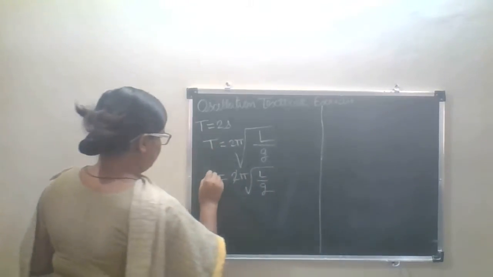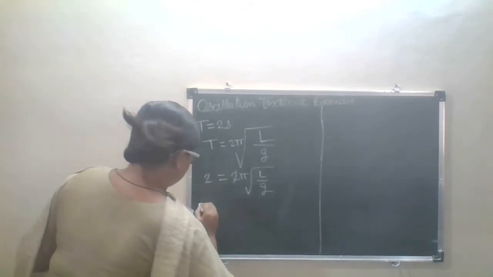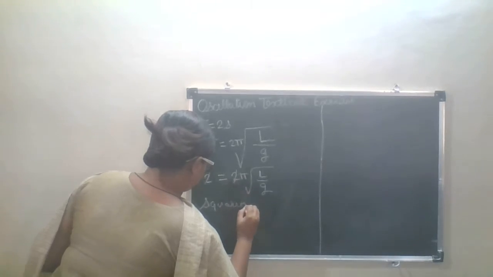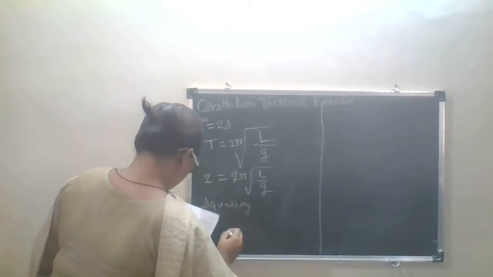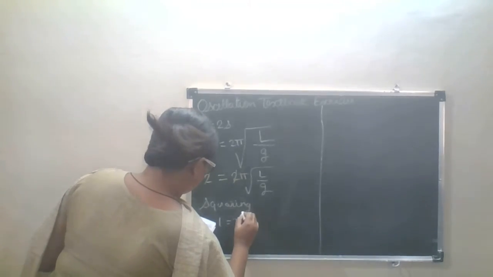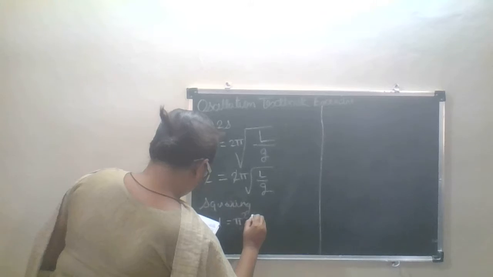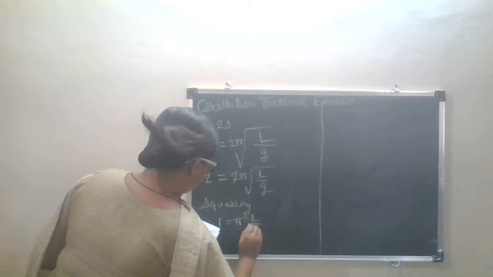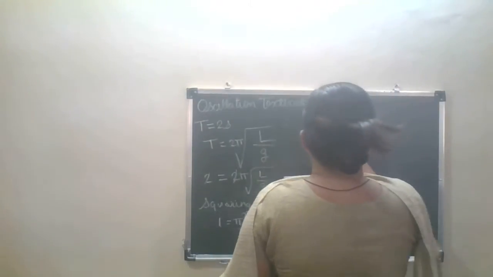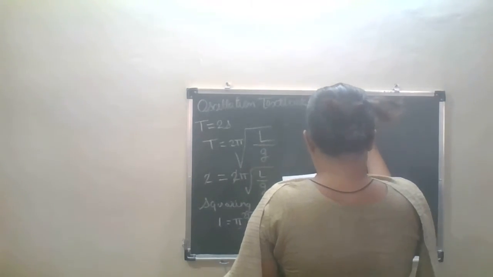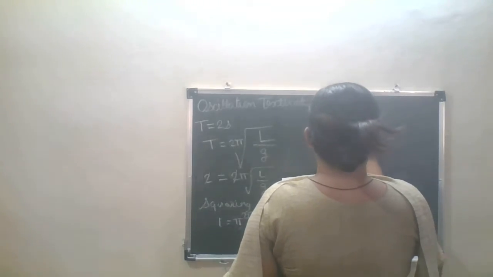These two and these two will get cancelled out, and then squaring. What will happen? 1 is equal to pi square L upon g, and L is equal to g upon pi square.